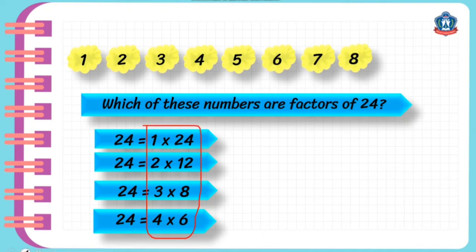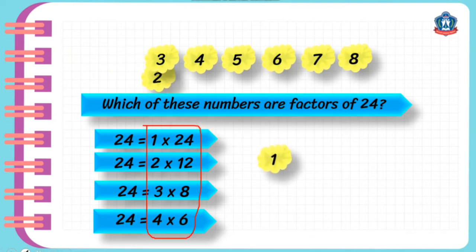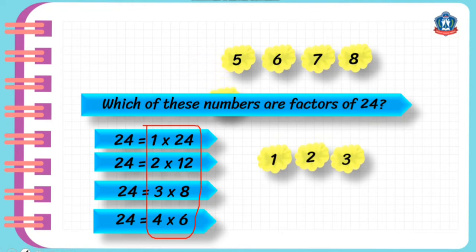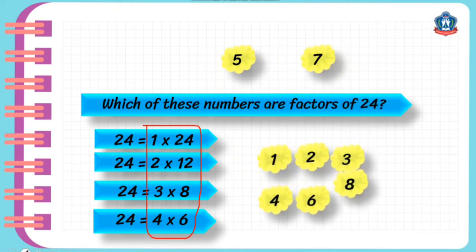Okay, so we have 1, 2, 3, 4, 6, and 8. So these 6 numbers are the factors of 24 from our list. The numbers 12 and 24 are also factors of 24, but they are not from the list.